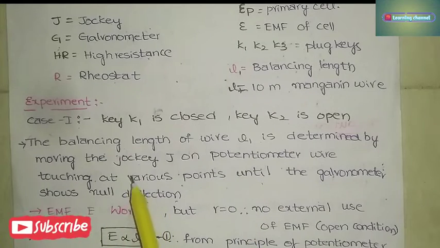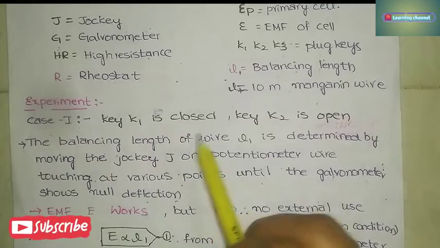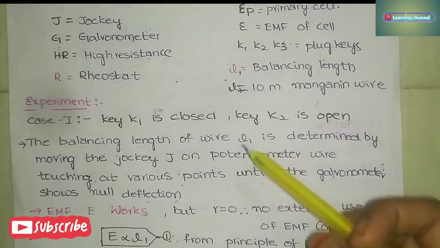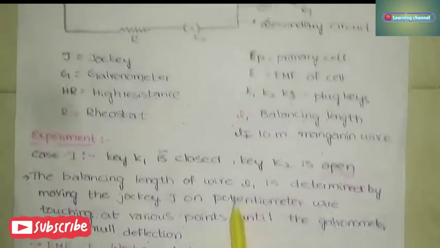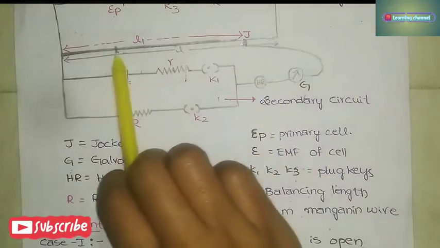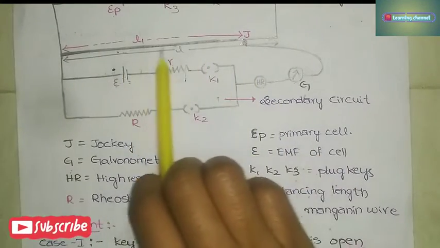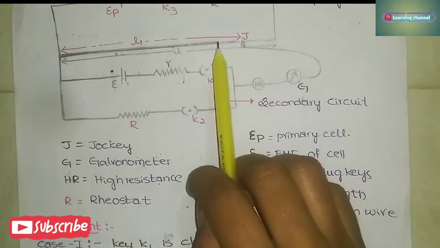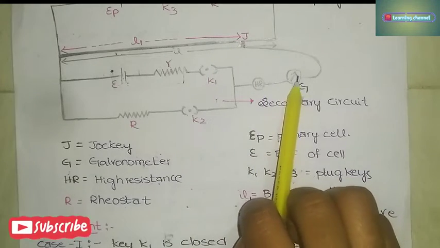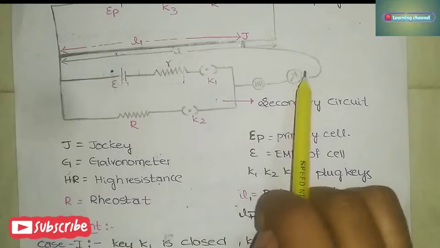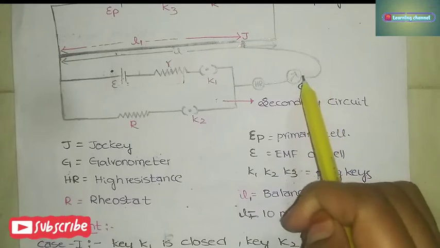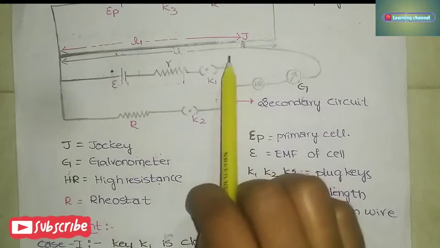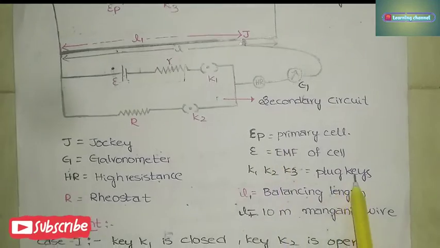The principle is V is directly proportional to L, where L means balancing length. So we move the jockey on various parts of the wire. At a certain point the galvanometer shows null deflection, that is, there is no deflection in the galvanometer. Then we measure the balancing length.